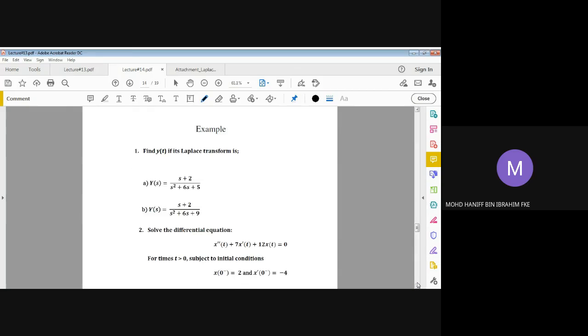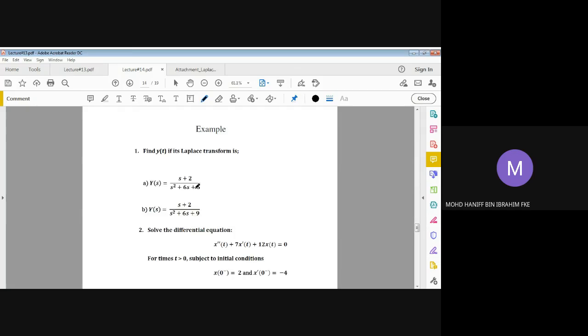All right, this is the example for this particular case. Basically, we want to test you on the partial fraction, and then we do the inverse of Laplace transform to find the y(t).